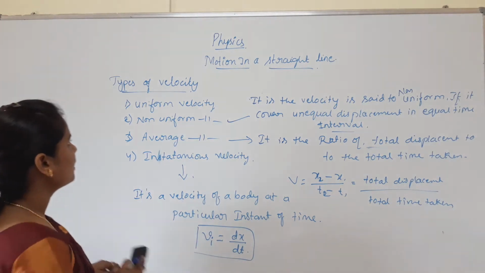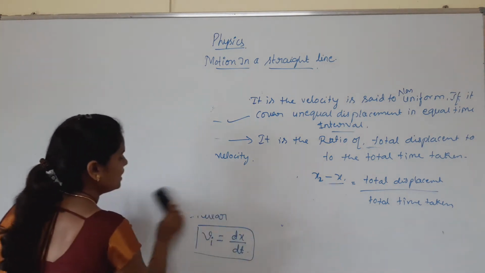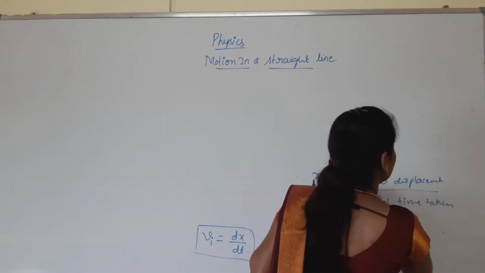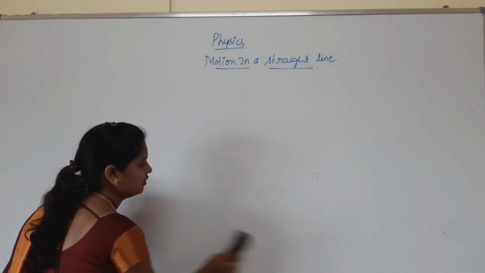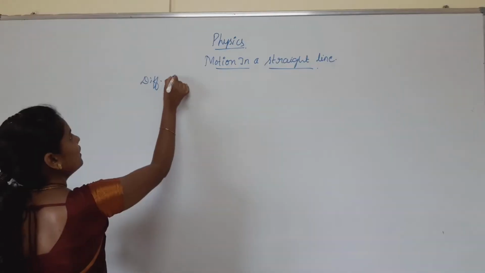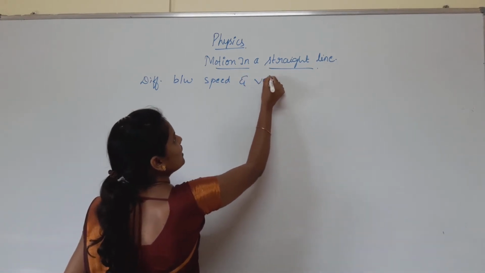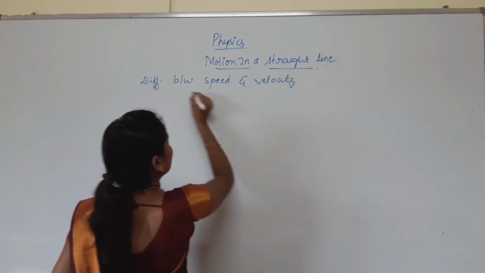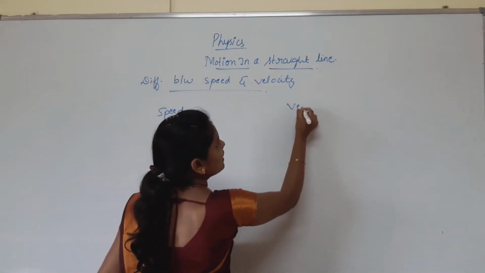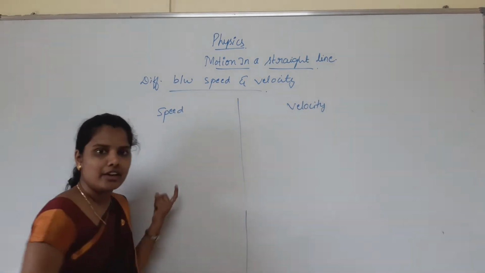Next, let us move on to the differences between speed and velocity. So this is speed, and this is velocity. First, the common difference is the definition itself.